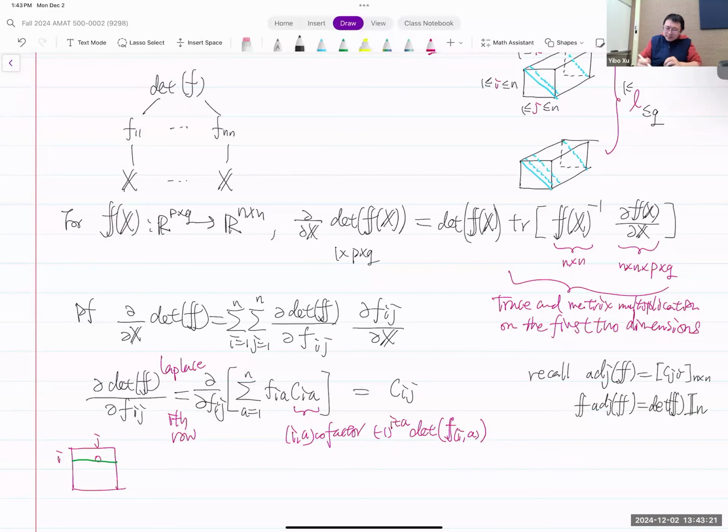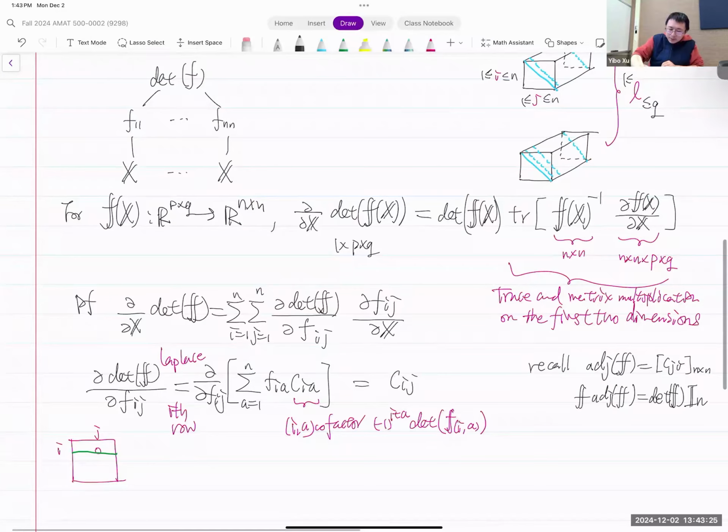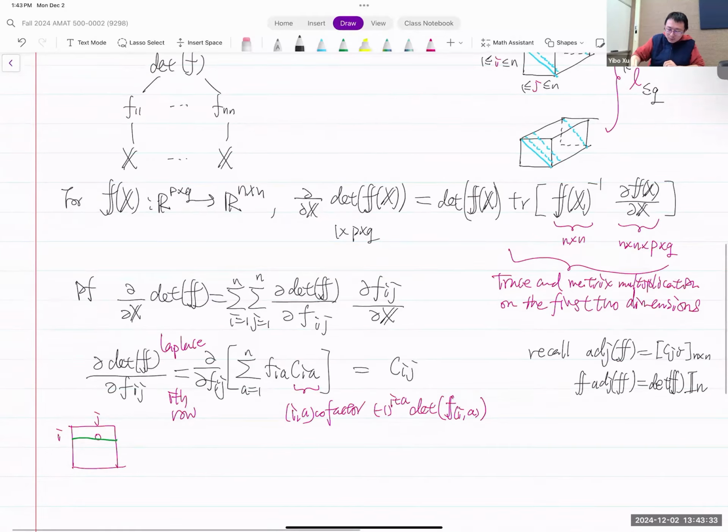So probably I don't really have to explain too much in detail, but basically, if you go back to the definition of the aggregate matrix that we slightly mentioned at the beginning of the semester, you realize that for the cofactors, you need to swap the indices to form the aggregate matrix.